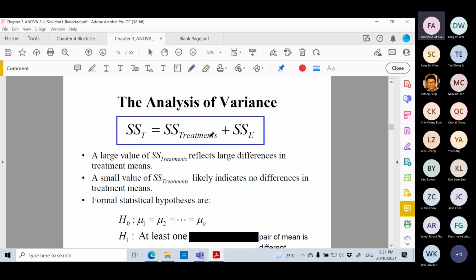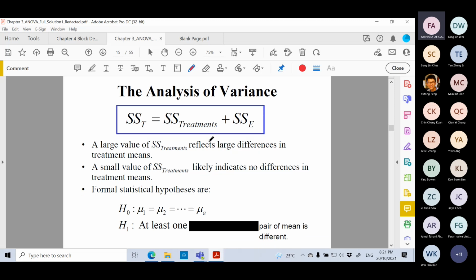So what we want to say is that a larger value of the sum of squares for treatment reflects a larger difference in the treatment means. If you have a larger variation here, we know there is a larger difference in the treatment means, so the treatment means have different performance, or the means are not equal.